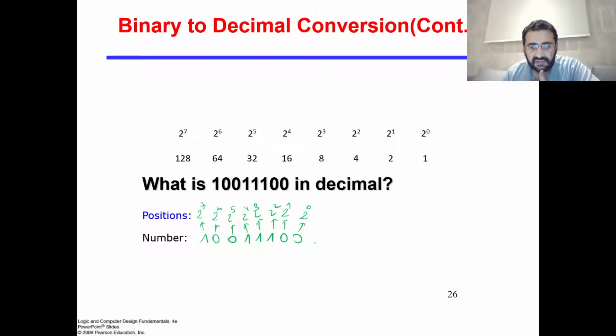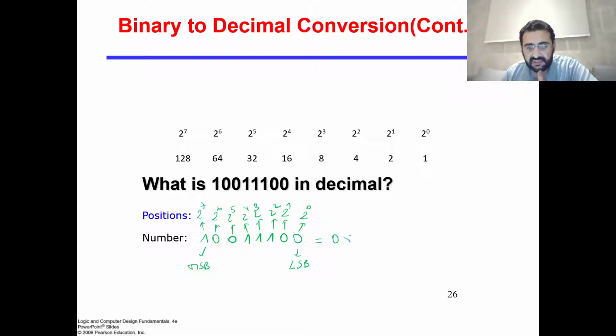So let's start from this bit here, which is the least significant bit. This is called the least significant bit, and this is called the most significant bit. So we start with the least significant bit.